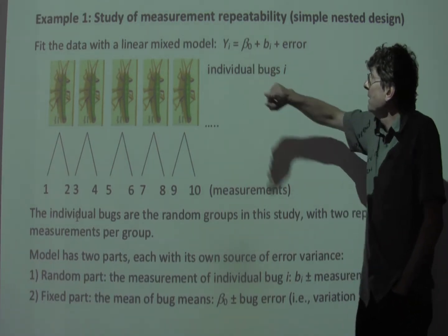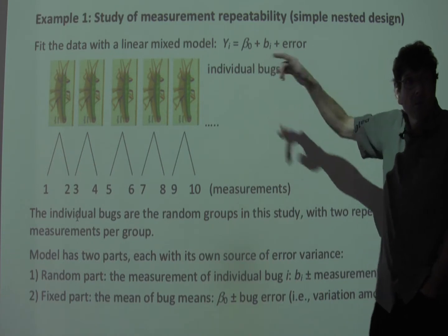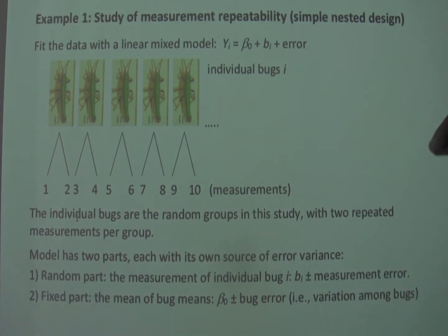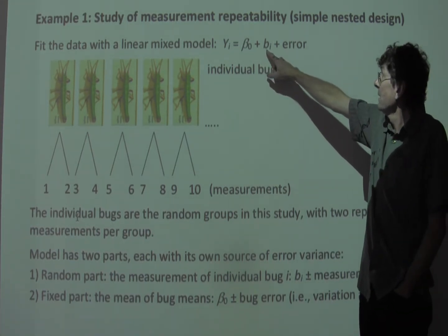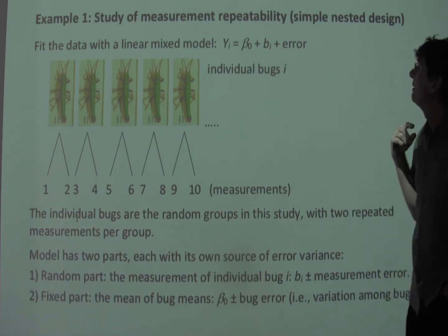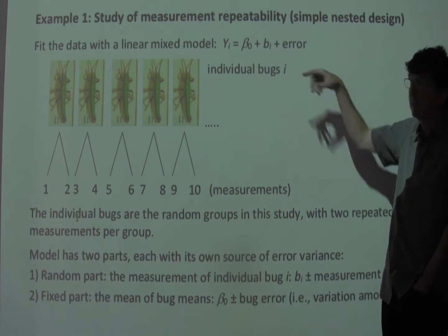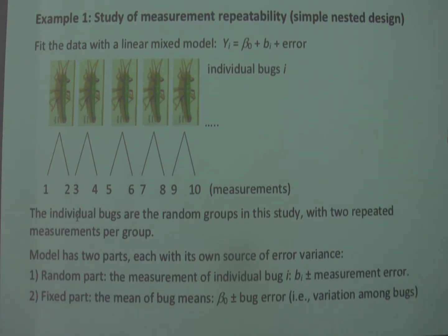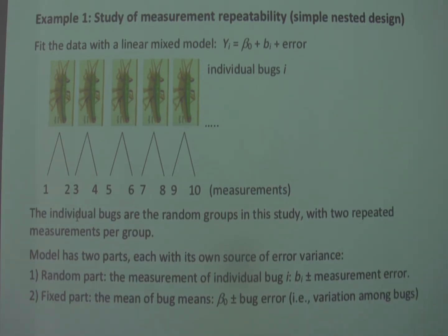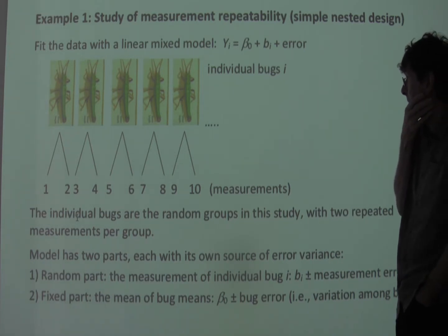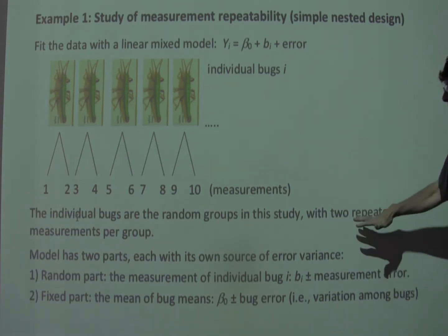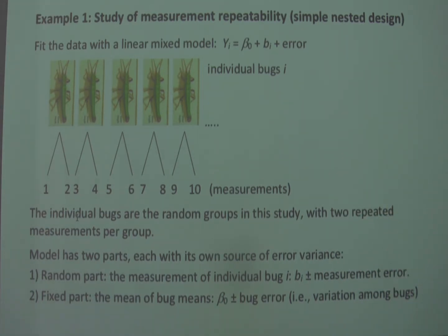It's going to have a constant, but it's now going to have 2 sources of random variation. One is the variation among the individual insects that you randomly sampled, and the other is the error, which in this case is all measurement error. So the individual bugs in this case are the random groups. We call them groups because we have repeated measurements made of them.